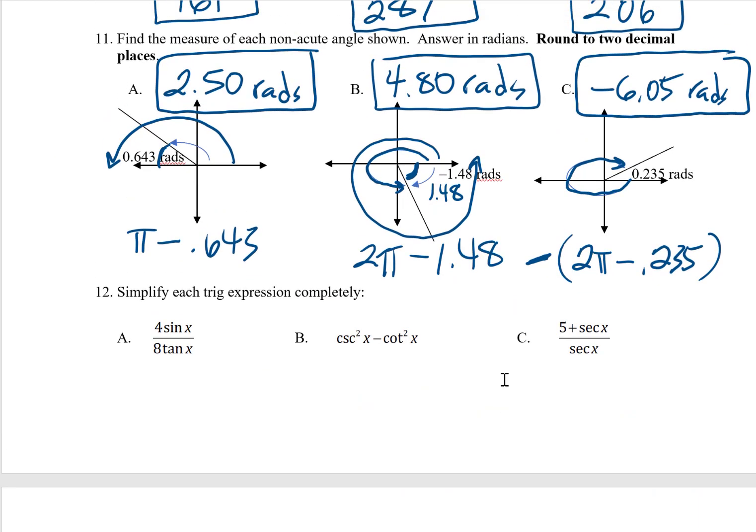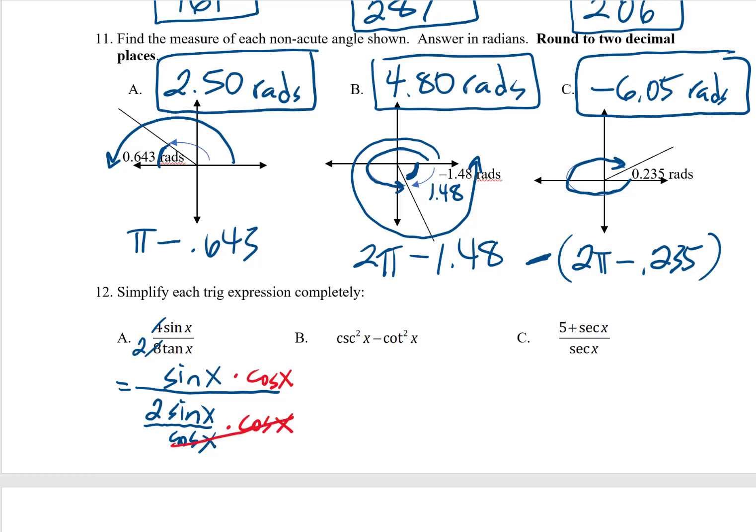Problem number 12, we want to do some simplifying here. When I look at letter A, of course, the numbers simplify quite easily. And then I think what I might try is switching everything to sine and cosine. So I have sine on the top, and this would make the bottom 2 sine x over cosine x. I could clean this up by multiplying the big numerator and the big denominator by cosine x.